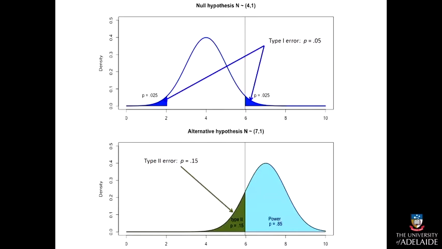So we could, when sampling from this alternative hypothesis distribution, calculate a statistic which is consistent with the null hypothesis distribution. And that's shown in green there. 15% of the time when we're sampling from this alternative hypothesis distribution, we'll fail to reject the null hypothesis. So you see how these things are related to each other, okay?